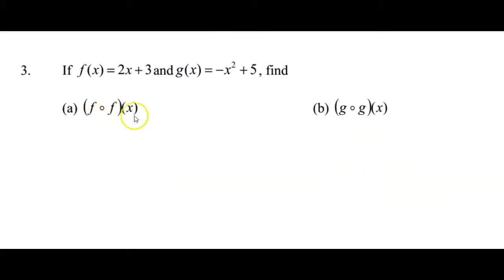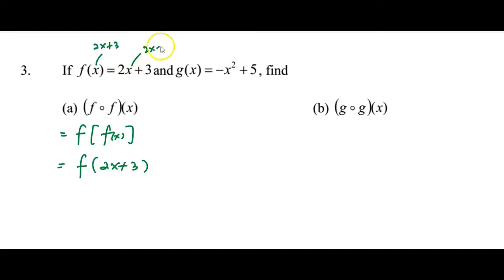Okay, to get f(f(x)), I will rewrite f(x) inside the bracket, and now substitute f(x) as 2x plus 3. So what you can see now is you need to find f(2x plus 3), where this x needs to be replaced by 2x plus 3, the same as this x.